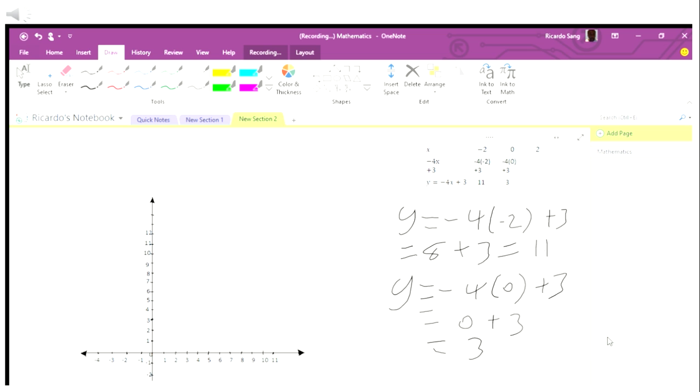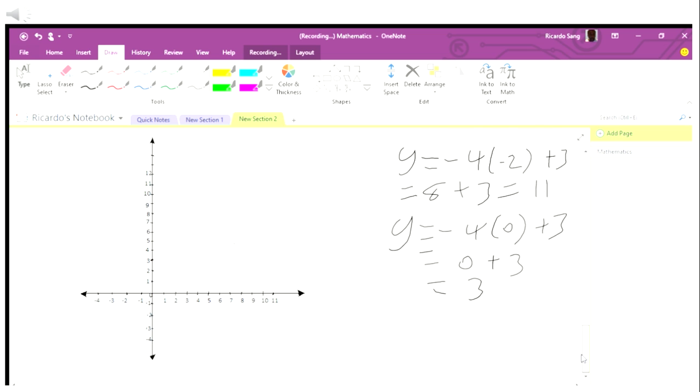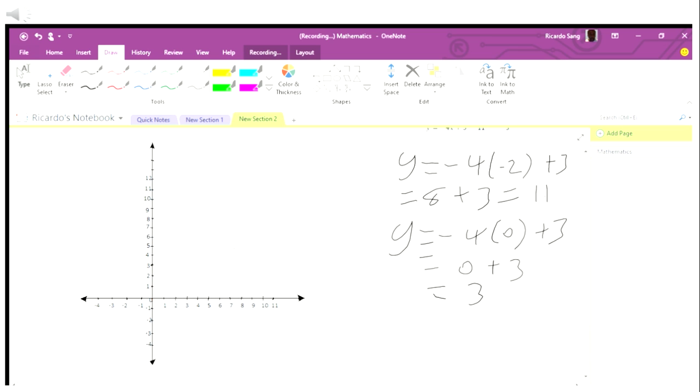So let's do the next calculation. The x value is 2, so let's see what that works out to be. y equals minus 4, open bracket 2, close bracket, plus 3.